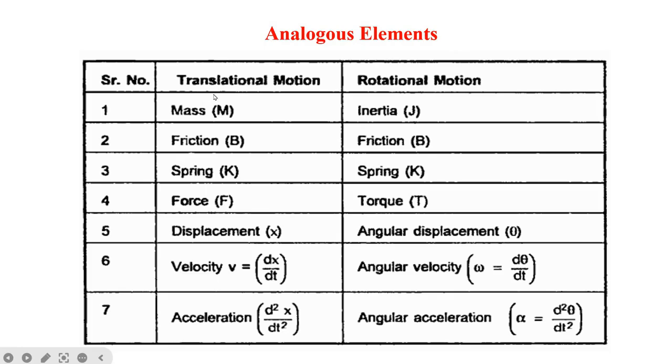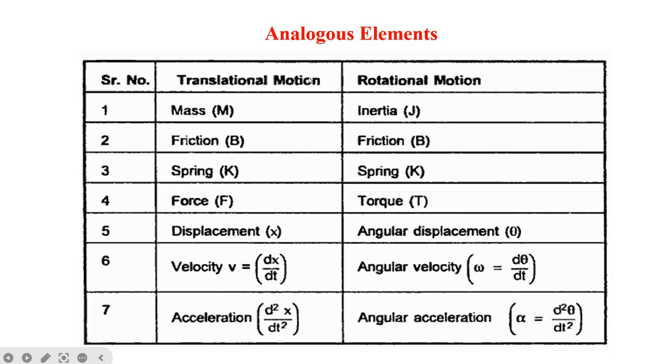And these are the analogous elements of translation motion and rotational motion. In translation motion, you have mass M, which gets replaced by the inertia J in rotational motion, whereas the friction and spring remain the same in both motions. Force gets replaced by torque, then displacement x gets replaced by angular displacement theta, and the velocity v gets replaced by angular velocity omega, which is given by d theta by dt, whereas in translation motion it is dx by dt.